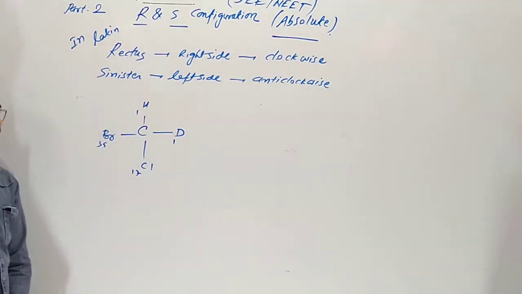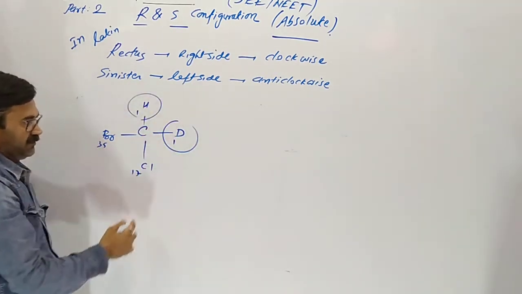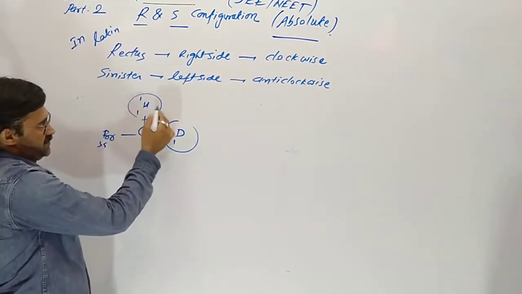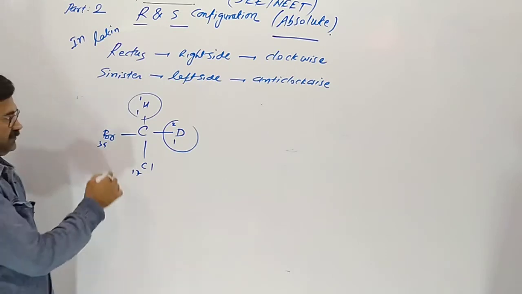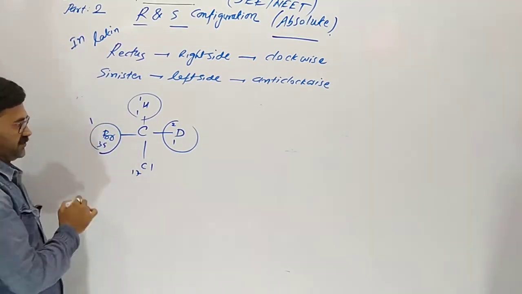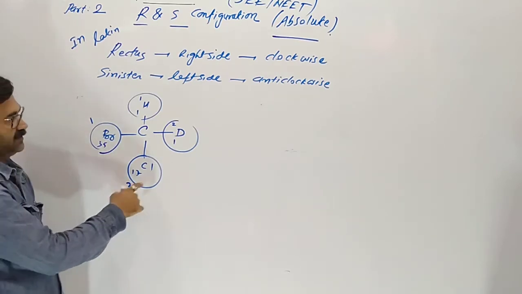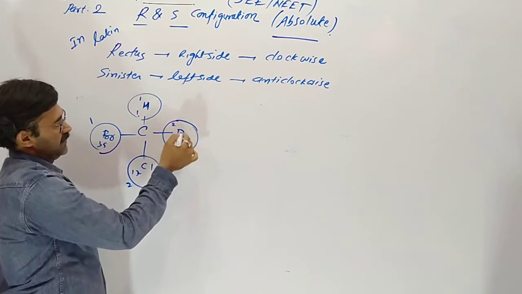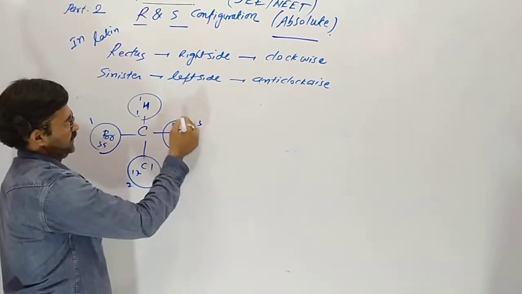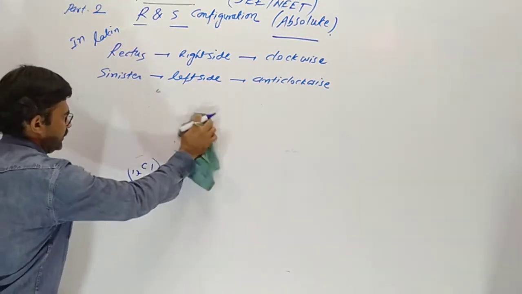Here the atomic number is the same, but we have to consider both as different groups. In this case, we have to take the atomic mass. So bromine stands first, chlorine second position, decreasing order. And now atomic mass, atomic number same, the higher atomic mass stands first, then 3 and 4. Clear? So this type of numbering we have to give.